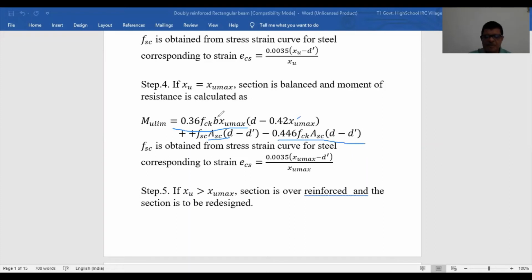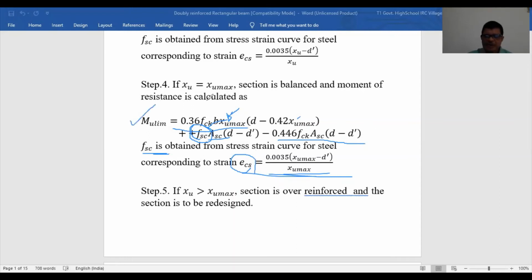These remain the same, only here xu is equal to xu maximum. But how to find the value of fsc? This value of fsc corresponds to the strain where x is equal to xu maximum. So calculate the strain corresponding to xu maximum, then for this strain calculate the stress from the stress-strain diagram, and then find the value of Mu limiting.